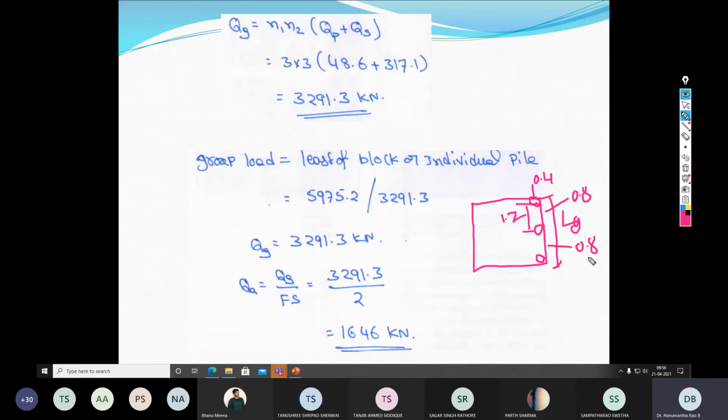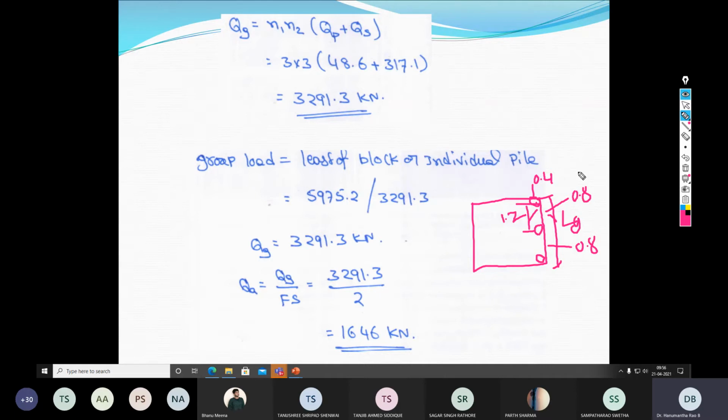So 0.8 and 0.8, so 1.6 meter is only the soil. So this soil and this soil are relatively moving against each other. Are you understanding, Banu? Yes, sir. Okay. So the 1.6 meter of soil inside the pile group and the soil outside the pile group are only relatively moving.